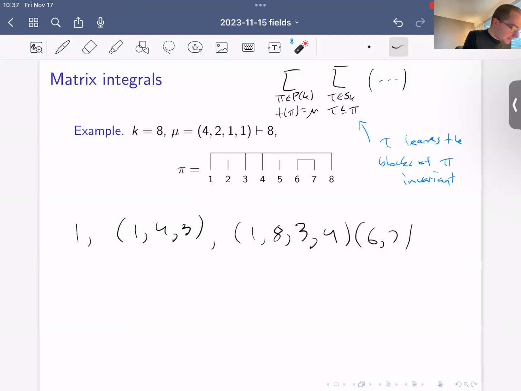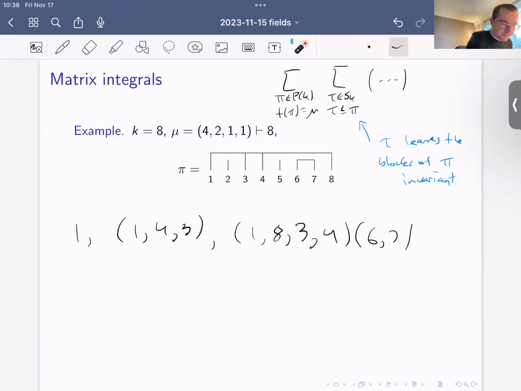And so the key observation about this sum that makes it possible to handle is that each of these inner sums is actually a sum over a subgroup of S_k. This property of leaving the blocks of pi invariant determines a subgroup of S_k. And it turns out that this outer sum is summing over the conjugates of this subgroup.